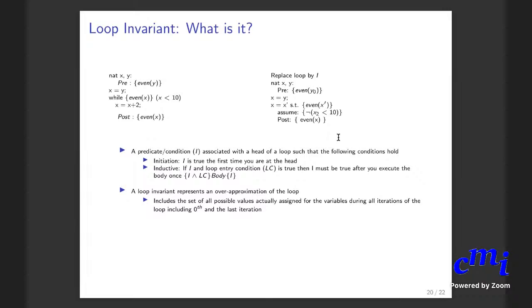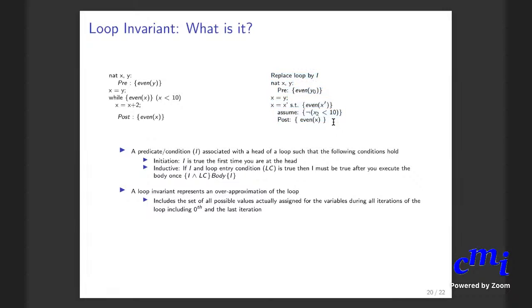Once you check that the loop invariant satisfies initiation and inductiveness, you can replace the loop with this, and then you check if the loop-free program that you obtain by replacing it with this assignment indeed satisfies the post. If it does, then you know that your original program with the loop is correct. So this replacement is a way of checking your exit condition using SSA assignments.